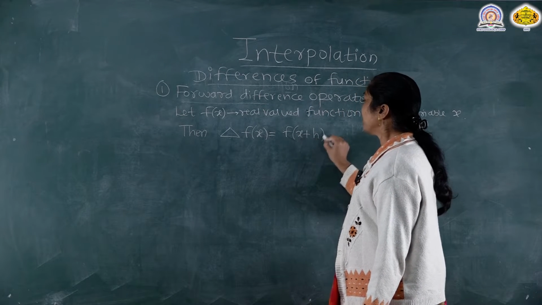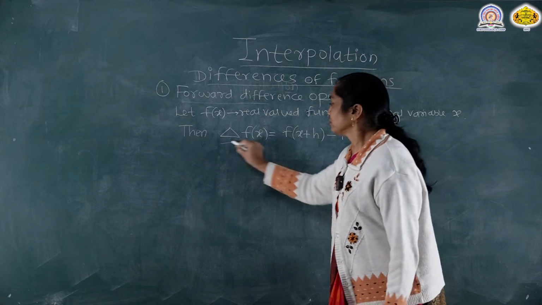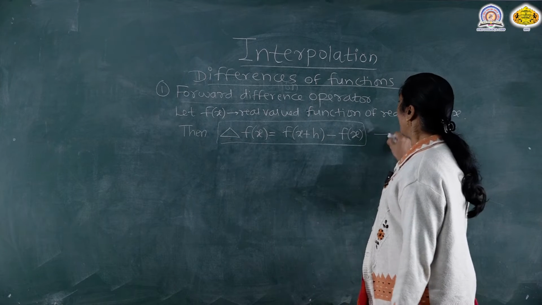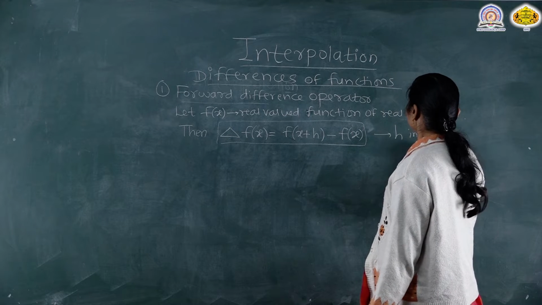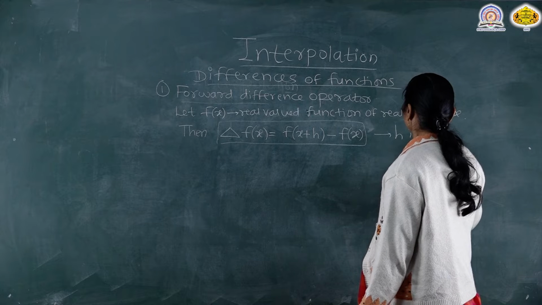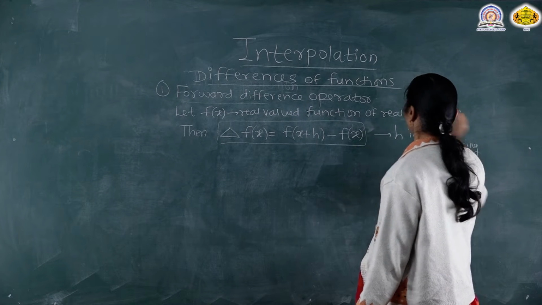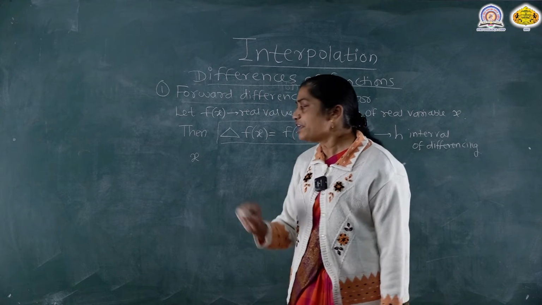delta f(x) is equal to f(x plus h) minus f(x), where h is nothing but the interval of differencing. The values of x are equally spaced.